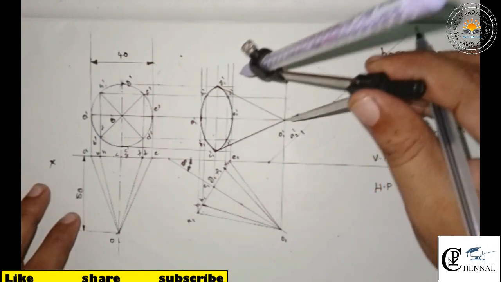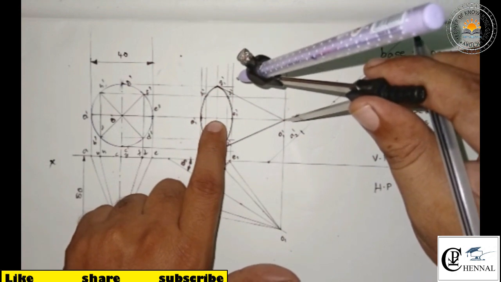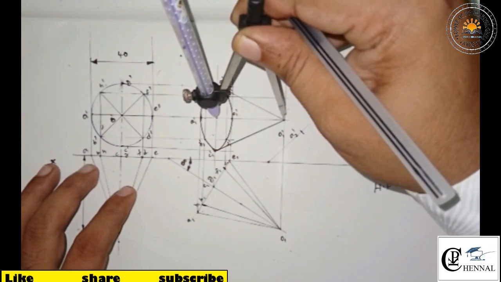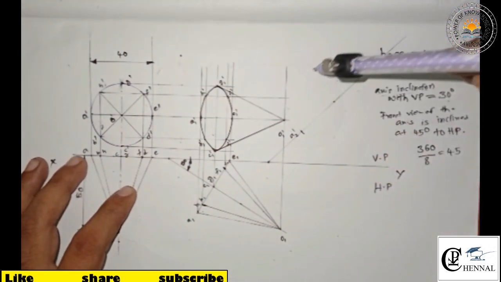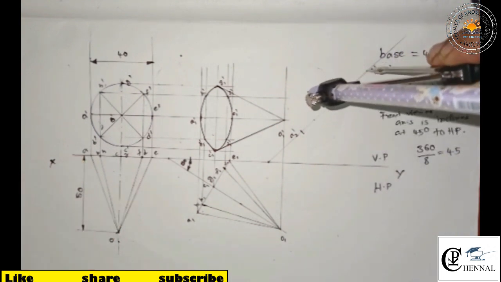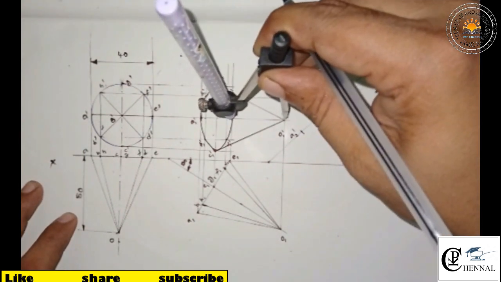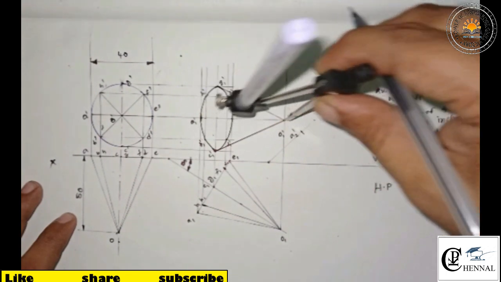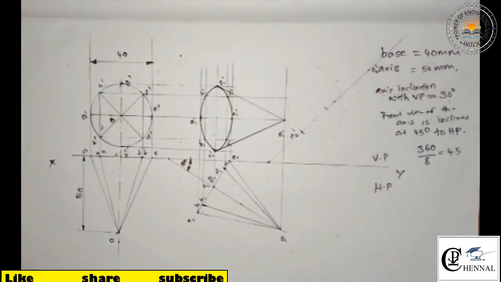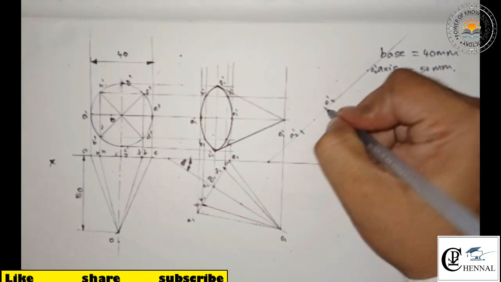Take the length from O dash to the middle point, which is between A dash and E dash. So this is the length, and with center O2 dash, mark the point over here. With center O1 dash, take the length from O1 dash to E1 dash and draw the arc over here. So the obtained point here is E2 dash, right?